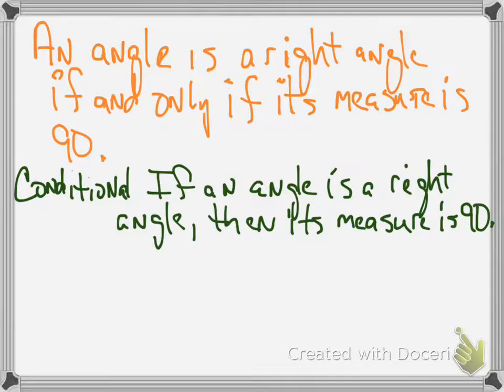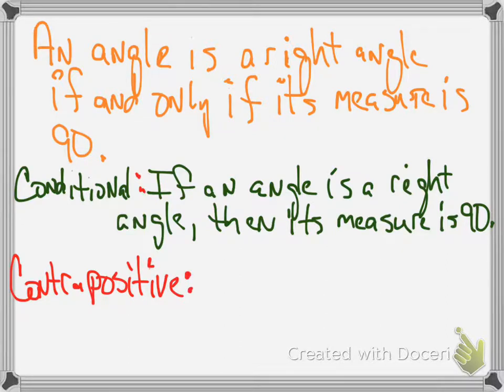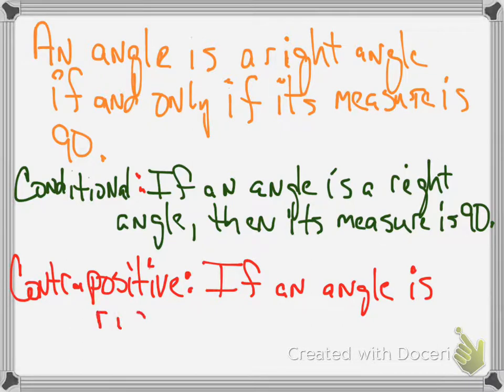The contrapositive basically states, let me rephrase that: if an angle measures 90, then it is a right angle.